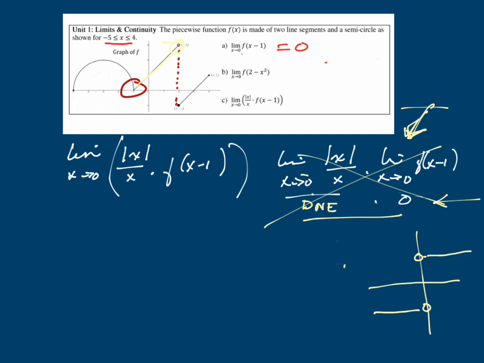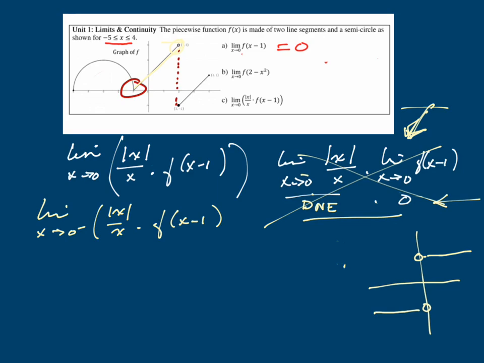So what does that mean we do? Well, you can always go back to one-sided. So will this work one-sided, and do you get the same thing? If you do, that's what it equals. So let's look at the limit as x approaches 0 from the left of absolute value of x times f of x minus 1.